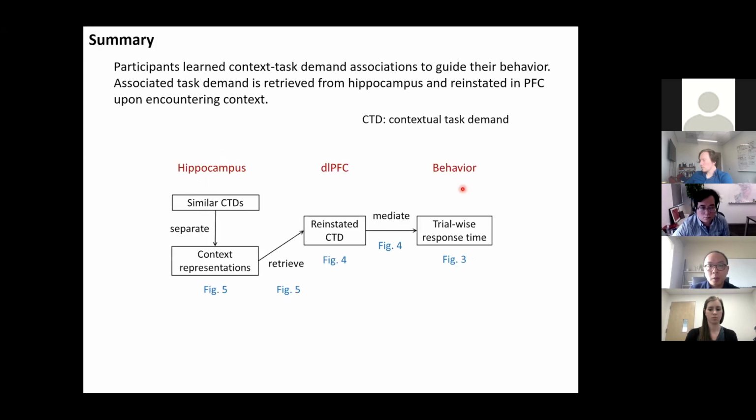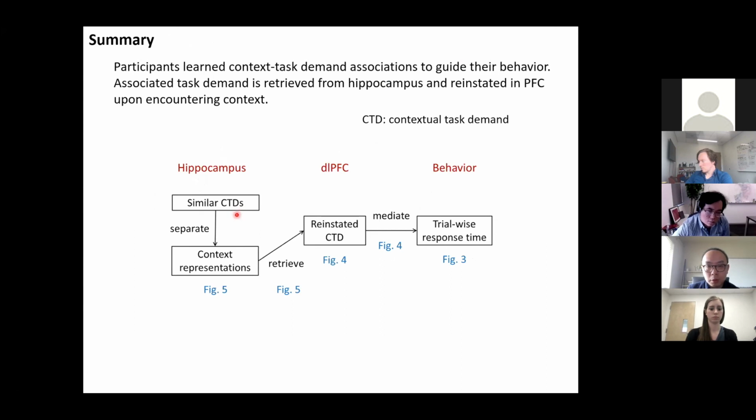So just to summarize, by integrating all three hypotheses, this is a diagram showing what we think is happening in the retrieval of the context-task demand associations.